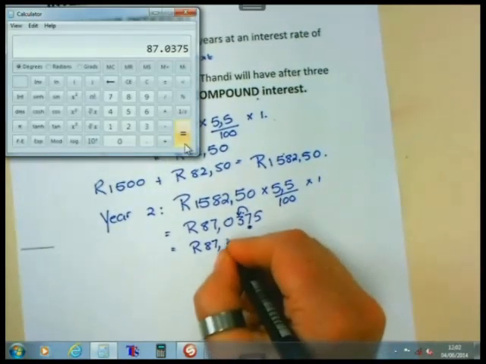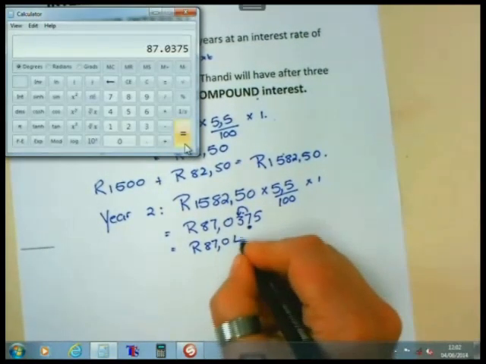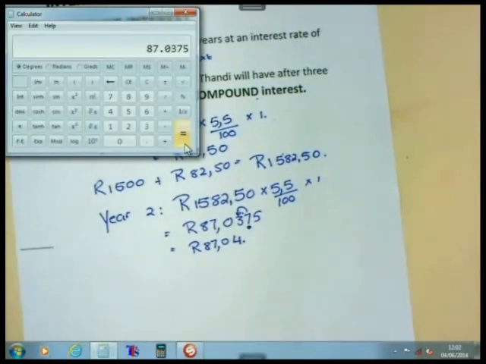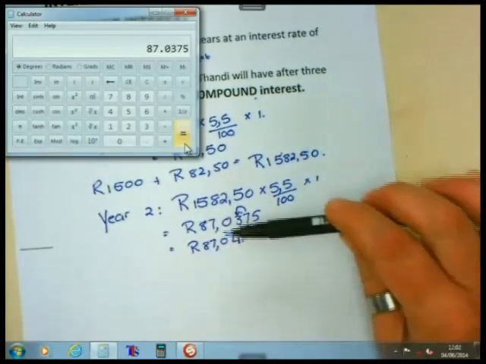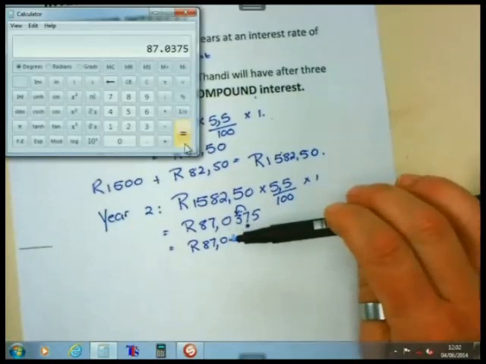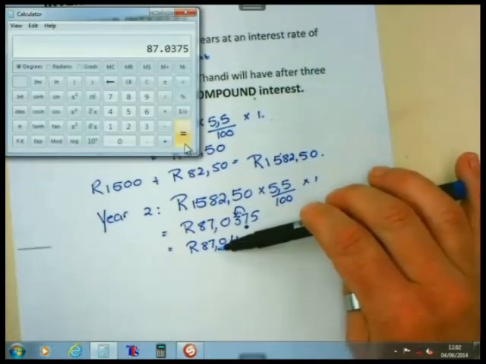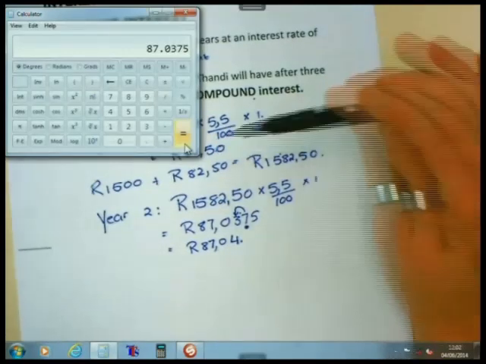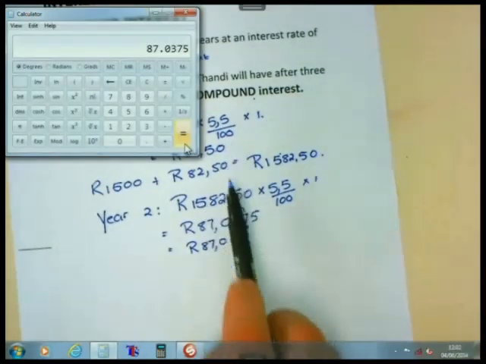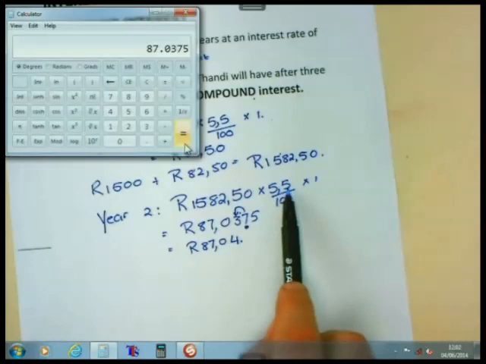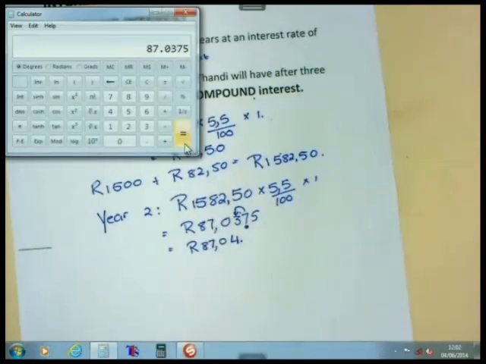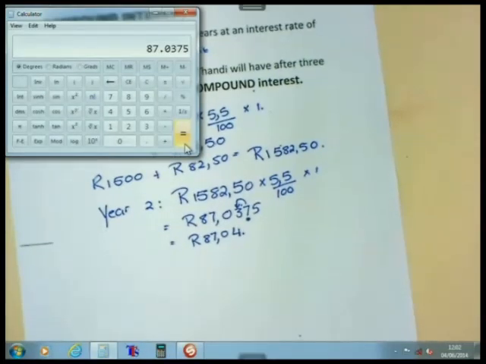So this will become 87 rand and 4 cents. Can you now see that Tandi in fact earned more interest in the second year than she did in year 1. The reason for this is that she also earned interest on the interest that she received in year 1.